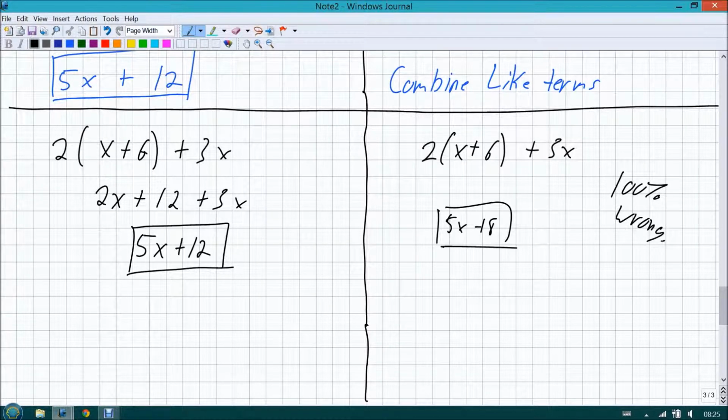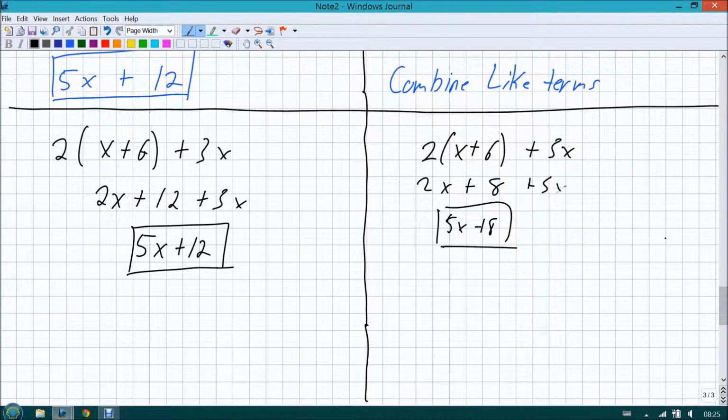I would be able to give you no credit. But if you did this and showed that this was 2x plus 8 plus 3x, then I'd be like, aha, I see what you did there. You did 2 times 6 gives you 8. Don't worry about it. This would be an arithmetic error. You'd probably lose like 1 point out of 5. So it's a lot less.